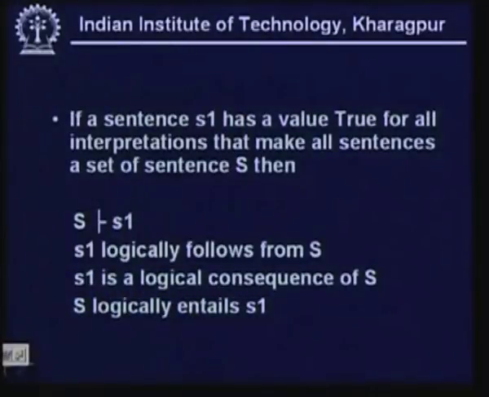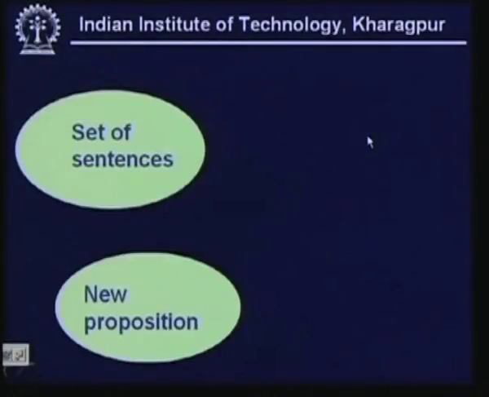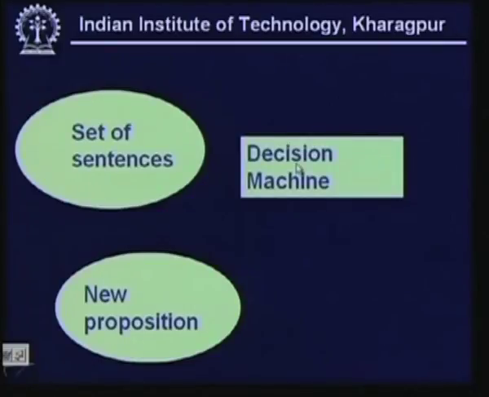All right. Now, this is a very important consequence of our understanding of logical inference, because when we try to infer, we are actually trying to derive new sentences which are correct, which are valid. Looking at it from the angle of inferencing, suppose we have a set of sentences here, and a new proposition or a new sentence also here, and a decision machine.